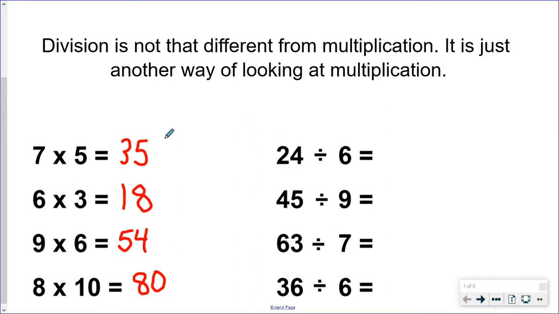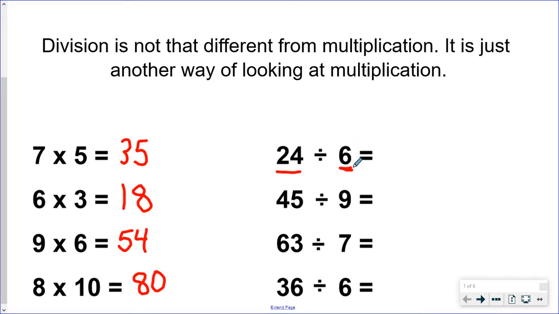Division is very similar to multiplication, except the first number, which is 24, would actually be the answer to my multiplication problem. So when I look at this problem, 24 divided by 6, another way to look at this is, let's look at this number right here, which is this 6. You've got to ask yourself, is there a number that I can multiply 6 by to actually get the number 24?